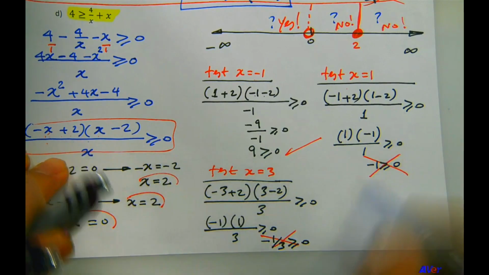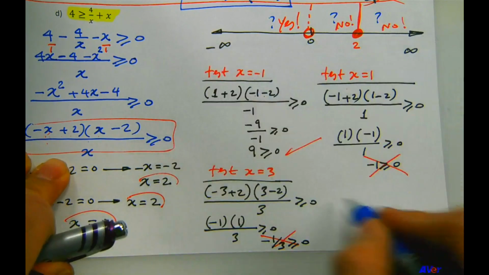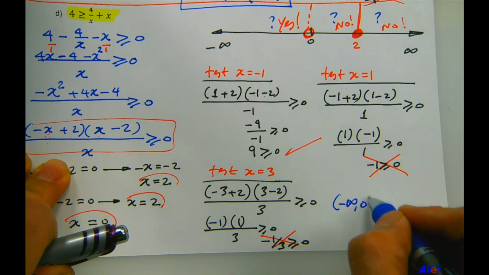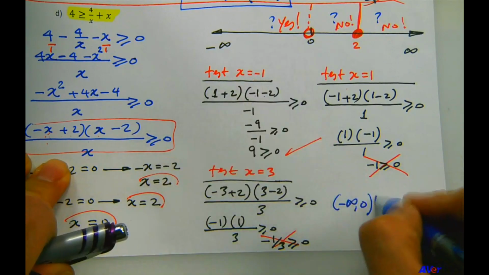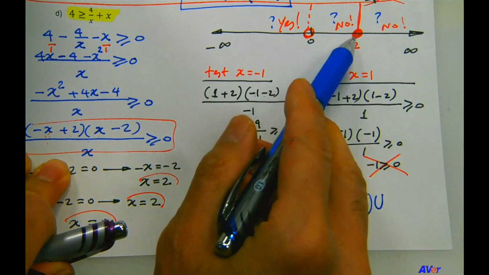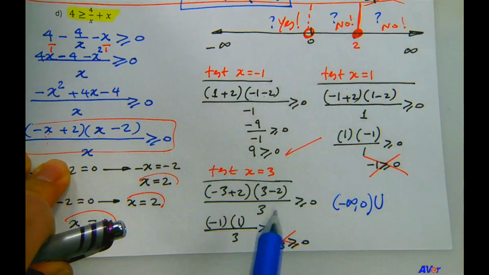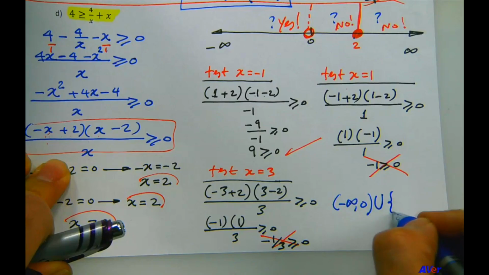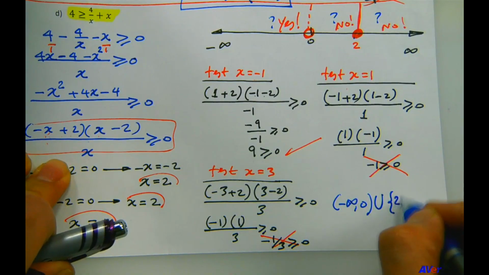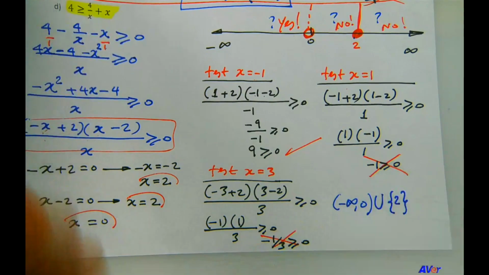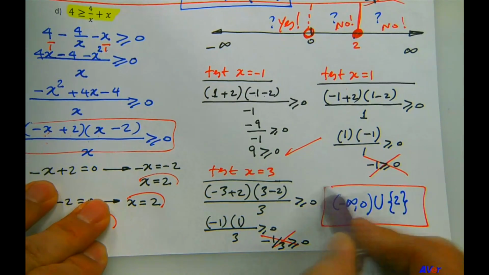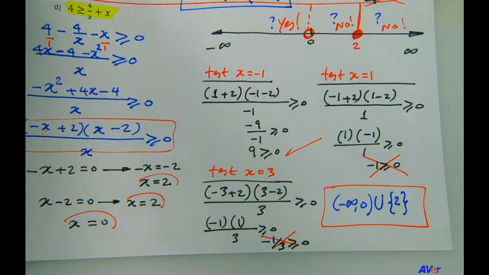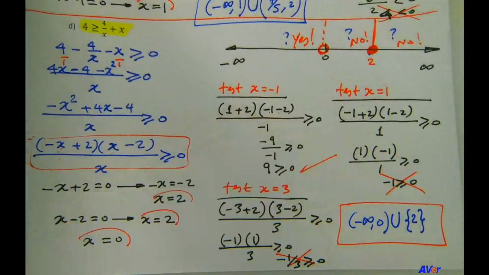So it'll be negative infinity to 0, parenthesis, because 0 is not included. Union just this 2, because both sides of it do not check out, but the 2 itself does check out. So curly brace 2 like that. So that is the entire solution for that problem, showing on the screen like that.